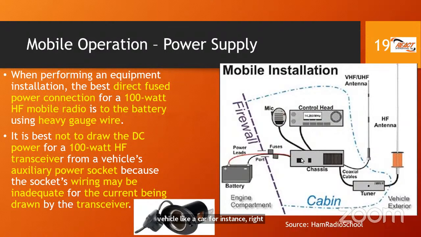And we need to be aware that when we put our radio equipment in our vehicle, we typically will try to power it using the vehicle's battery. So of course, we need to apply fuses and so on, right? But we also need to make sure that we use good cabling between the battery and our radio. We need to use sufficiently heavy gauge cables because this radio, for example, may be capable of outputting 100 watts of radio frequency power.